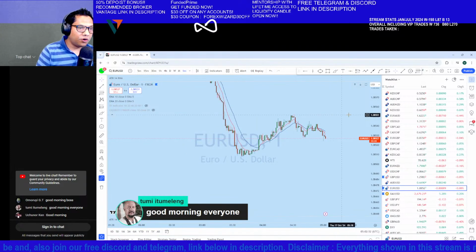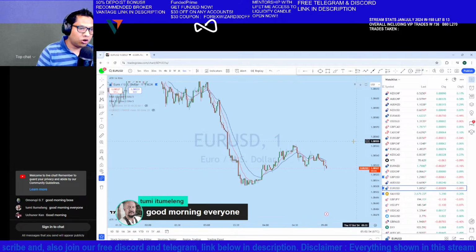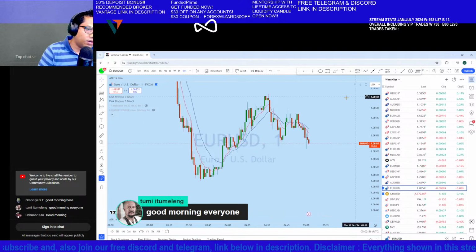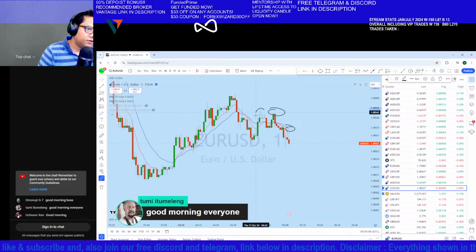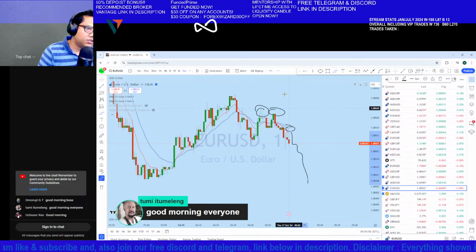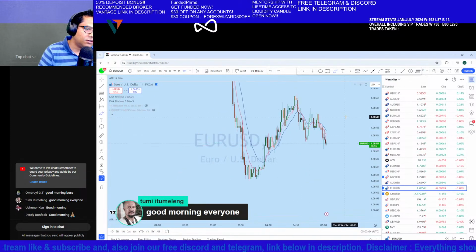From the lower time frame, this is the 1 minute chart of euro dollar. We have seen a head and shoulders here, and with that head and shoulders, the market is trending towards the downside on euro USD.